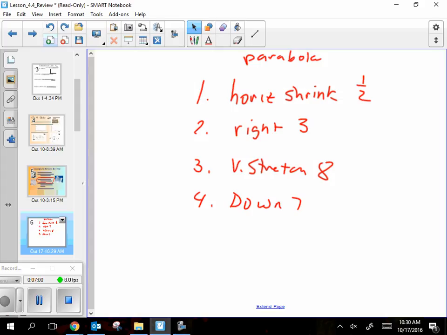See if you can write me a function that would do all of that. Take a parabola from its parent location and do all of these things to it. I'll pause while you write that for me.